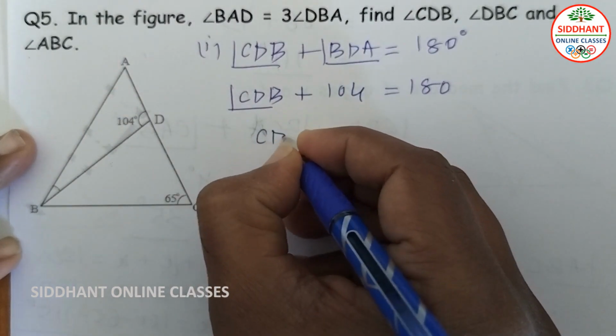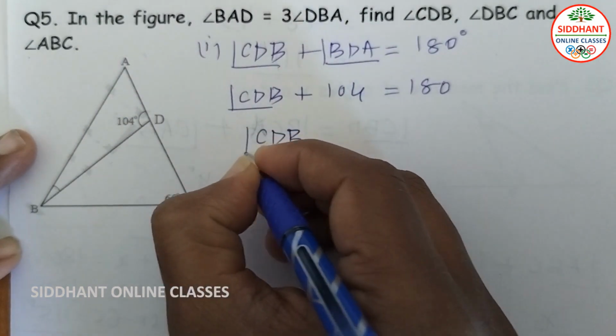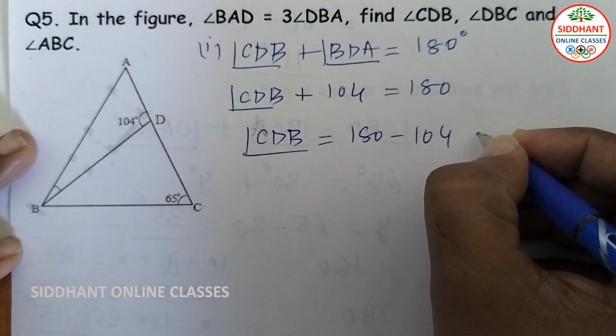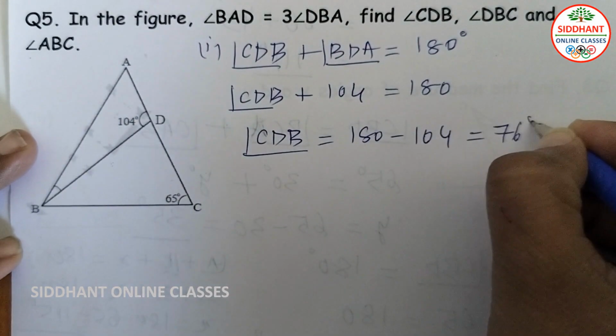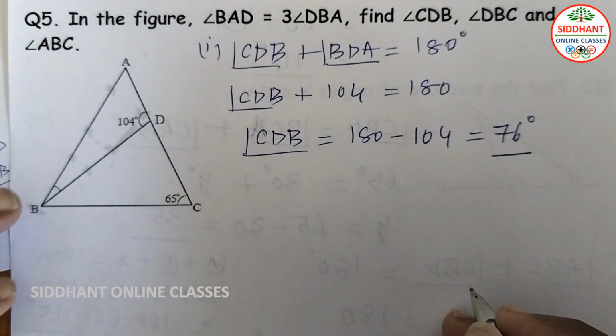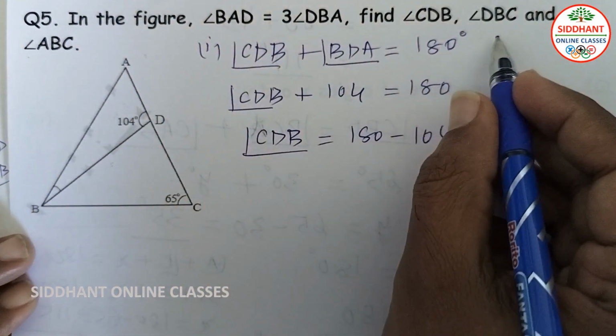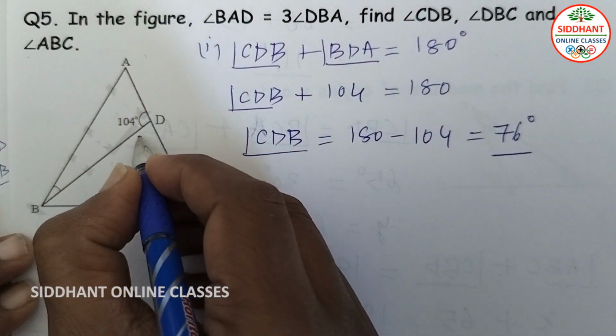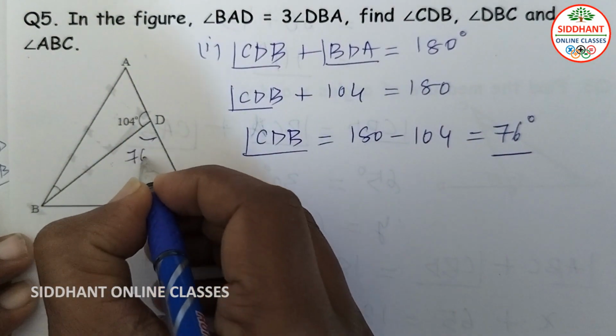So angle CDB equal to 180 minus 104, that will be equal to 76 degrees. Next they asked DBC. So already we know this angle is 76 degrees.